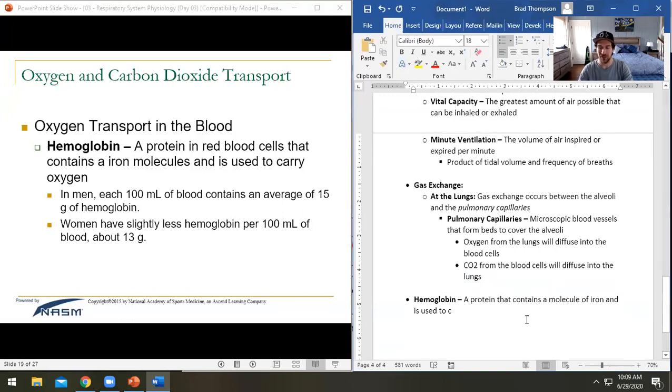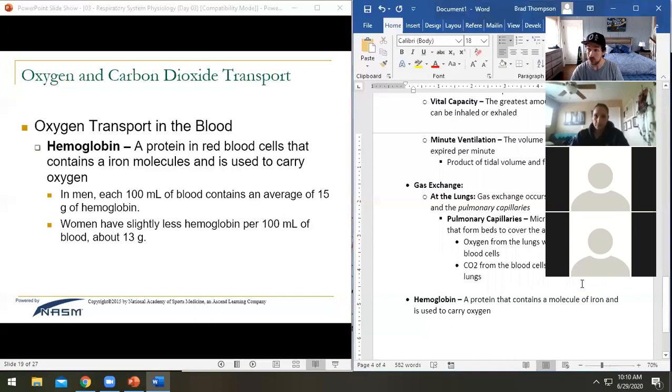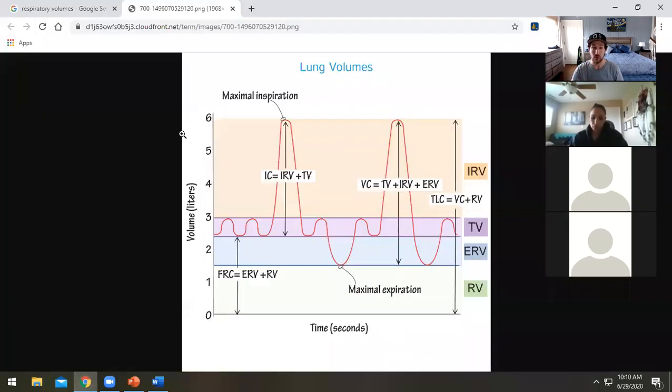It's a protein in red blood cells that contains iron molecules and is used to carry oxygen, okay? So here's what's kind of cool. Iron and oxygen, two totally separate molecules, but they get along really well. They like to bind together.